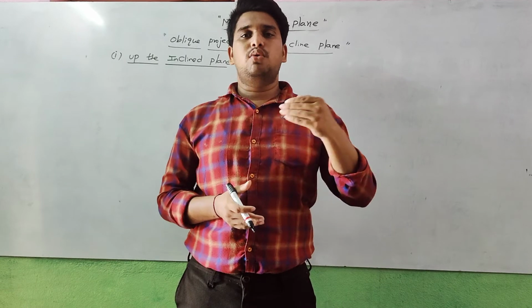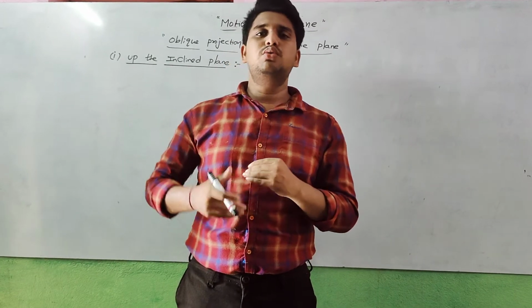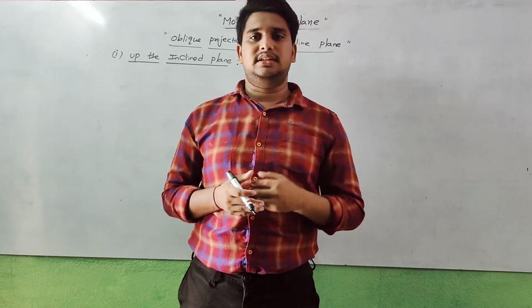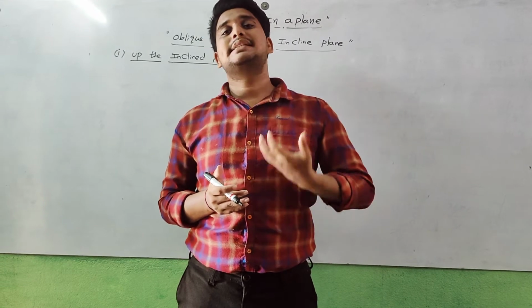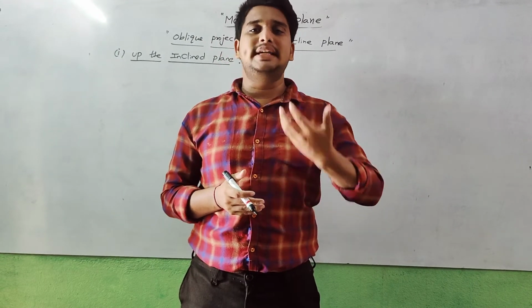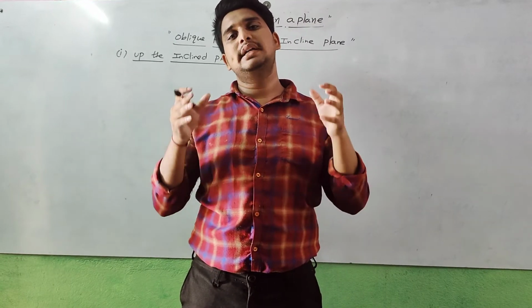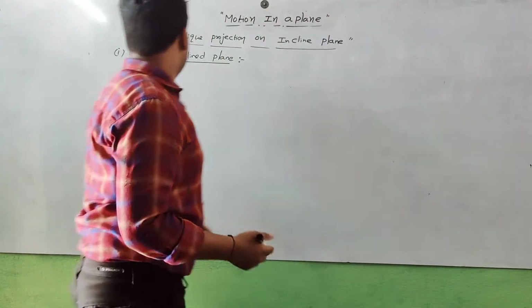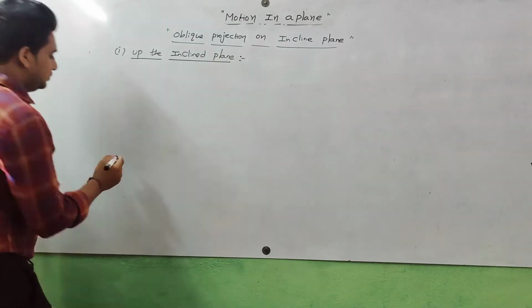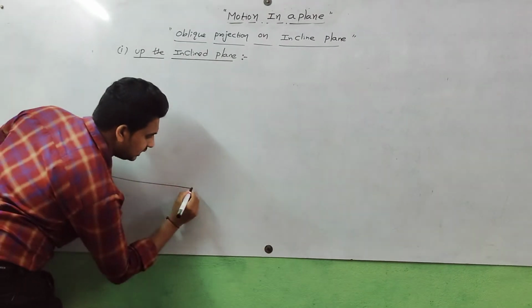Today we are going to discuss how to find time of flight, maximum height, and how to derive range. That we need to find in today's session. First I draw the diagram.